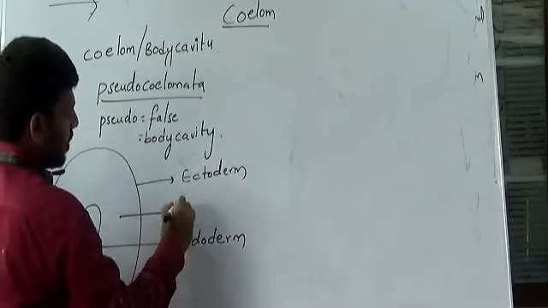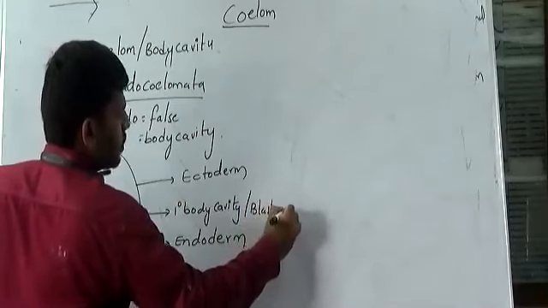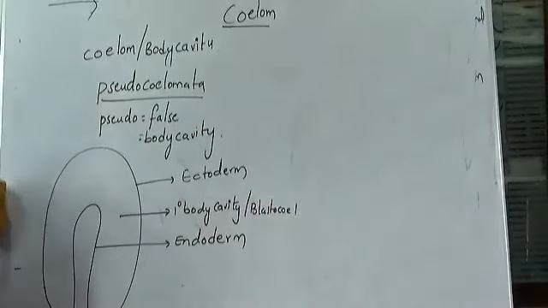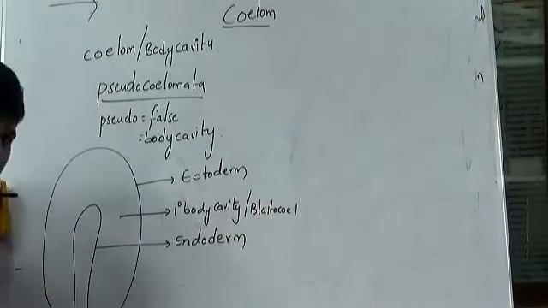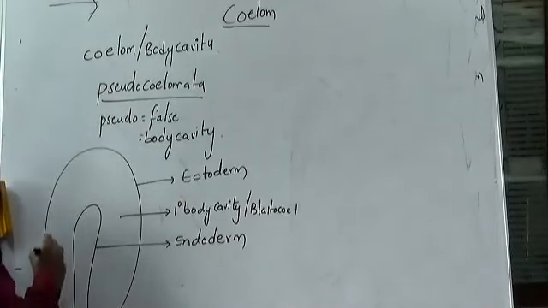The primary body cavity, or blastocoel. Right? So see here, the mesoderm is present, but it is going to adjoin with the ectoderm only.